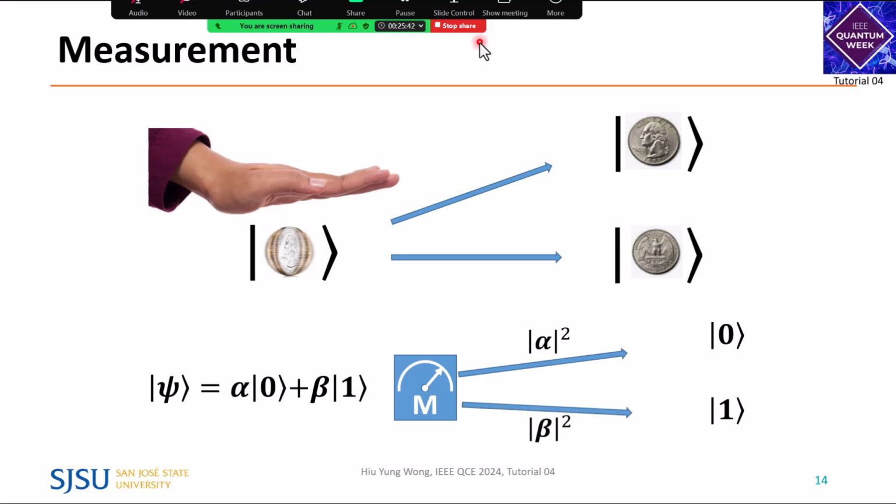It will always collapse to a basis state randomly, except that the probability it will collapse to 0 or 1 will be proportional to the square of the magnitude of the corresponding coefficient. Since it's so random, I cannot get alpha and beta directly and easily.